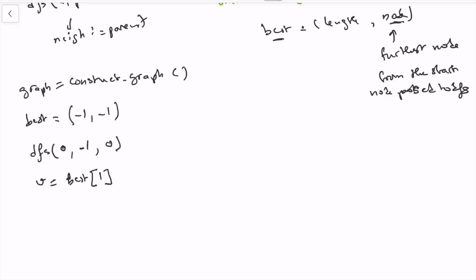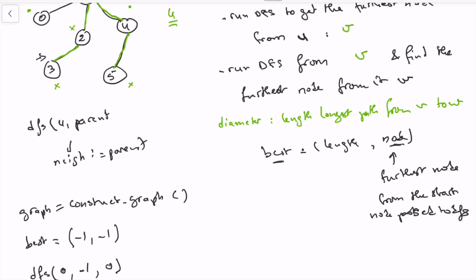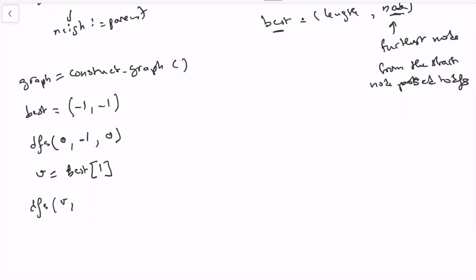And so we would run DFS again from the furthest node, so from V. What is the parent? V is the furthest node. That means it's an edge, right? That means it's a leaf node, so it doesn't have a parent.